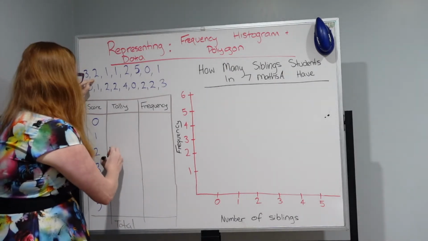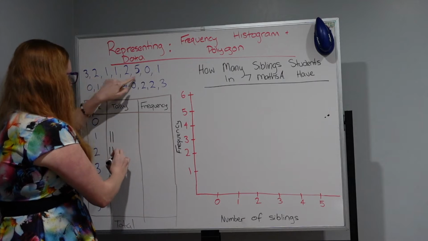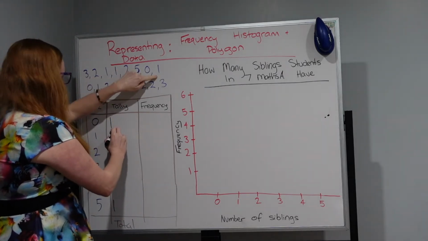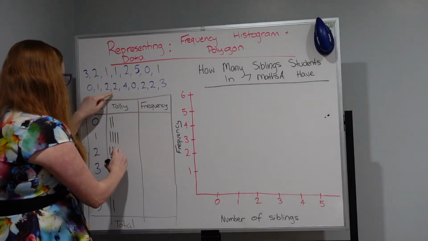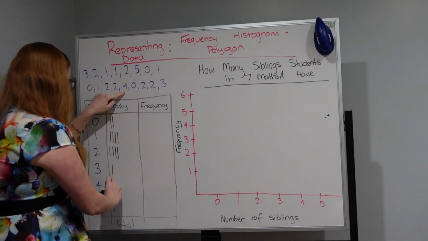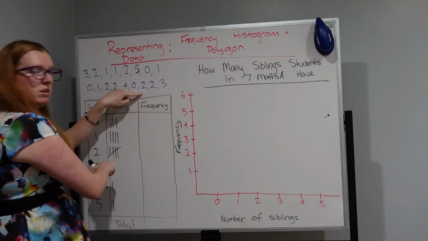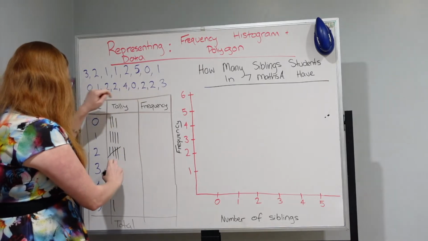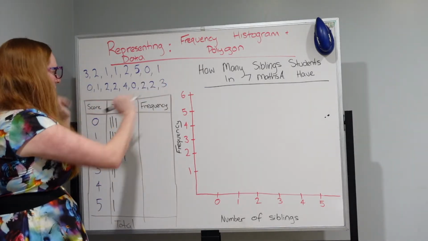Second student had 2, third student had 1, then 2, then 5, then 0, then 1, 0 again, 1, 2, 2, 4, 0, 2, and I put a line across because I'm at the 5th one now, so 2, 2, and 3. Okay, cool. So I've done all my tally marks using my raw data.